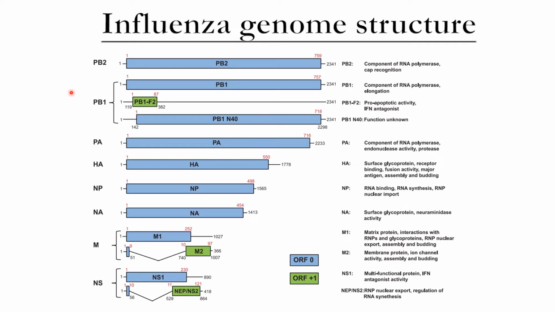Evolutionarily, influenza A, B, and C viruses have a common precursor, and it is also likely that influenza A and B viruses diverged from each other more recently than influenza C viruses.